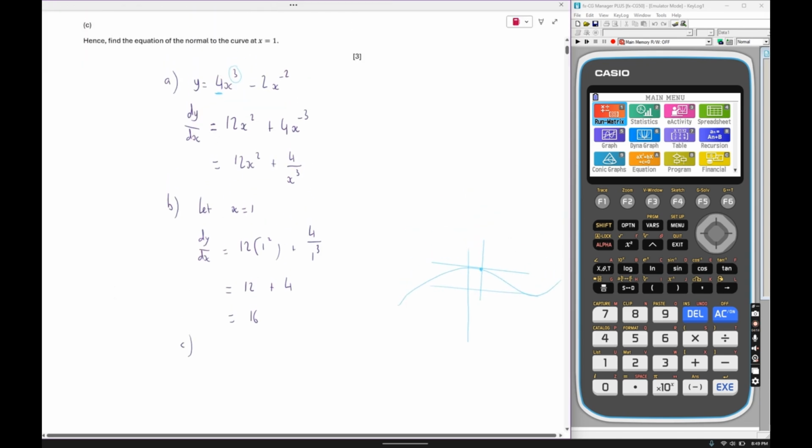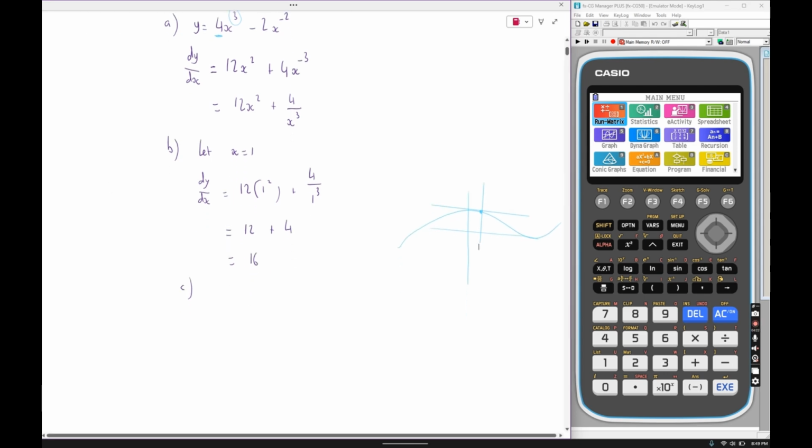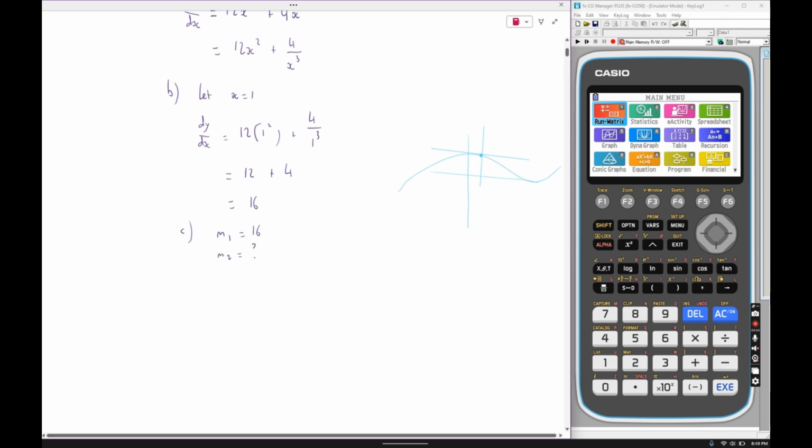If I go back to the question, it says, find the equation of the normal to the curve at x equals 1. So we know m1 equals 16. We don't know what m2 is yet, but we do know that m1 times m2 equals negative 1. Why do we know that? Because back at my diagram those two lines are perpendicular to each other, and two lines that are perpendicular to each other have gradients that multiply together to equal negative 1.